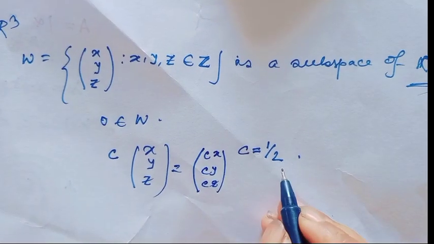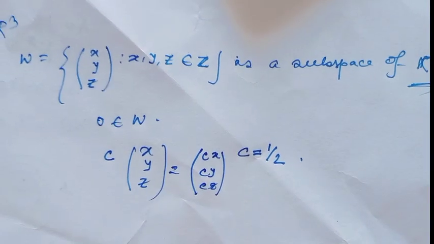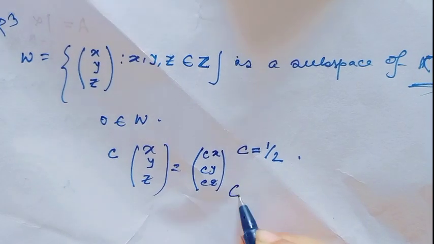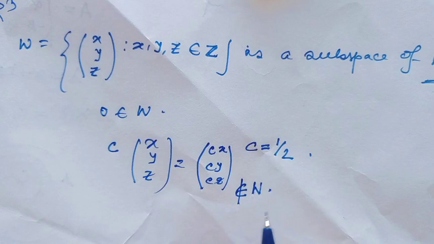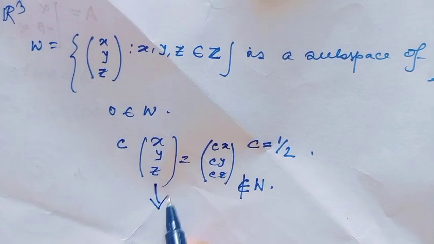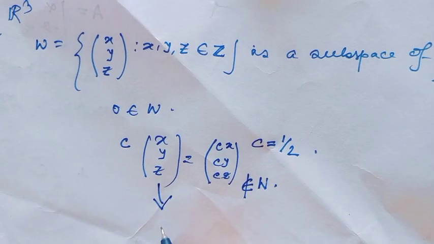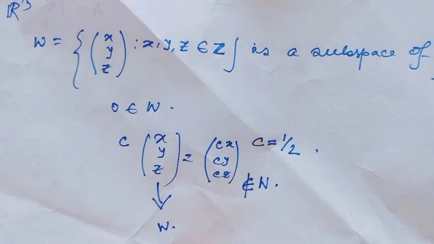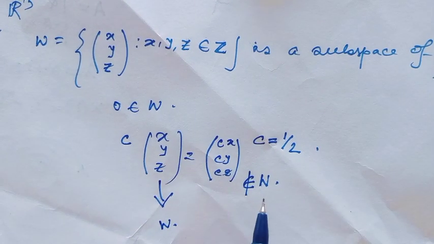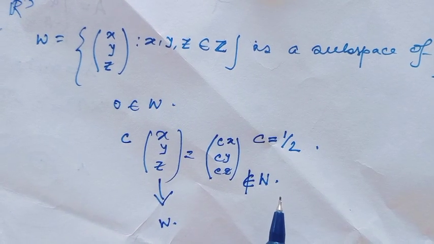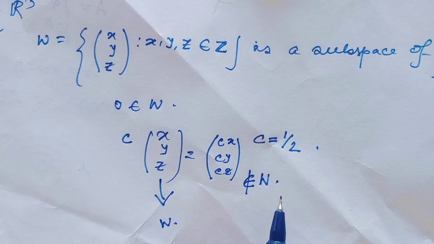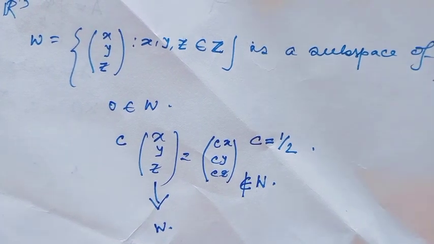But since I have considered c equal to half, this does not belong to subset W. I have considered this vector (x, y, z) from W, but their scalar multiplication does not belong to W. So W is not a subspace of R3.